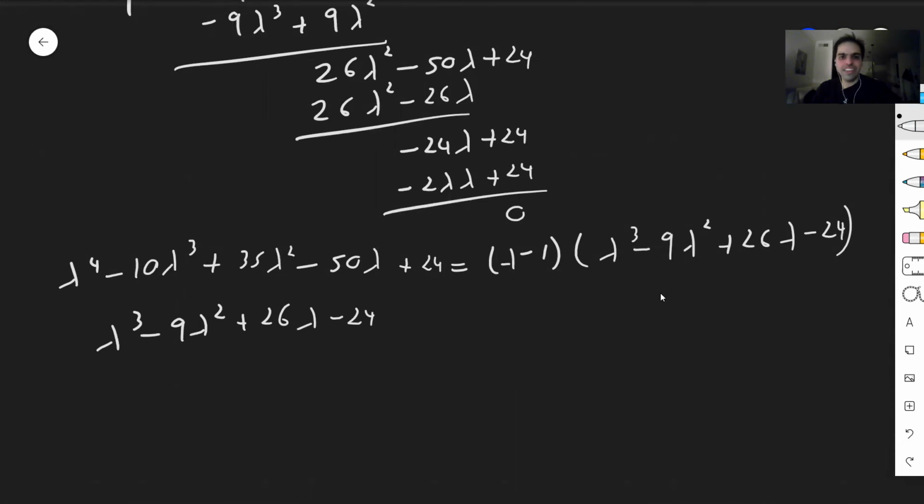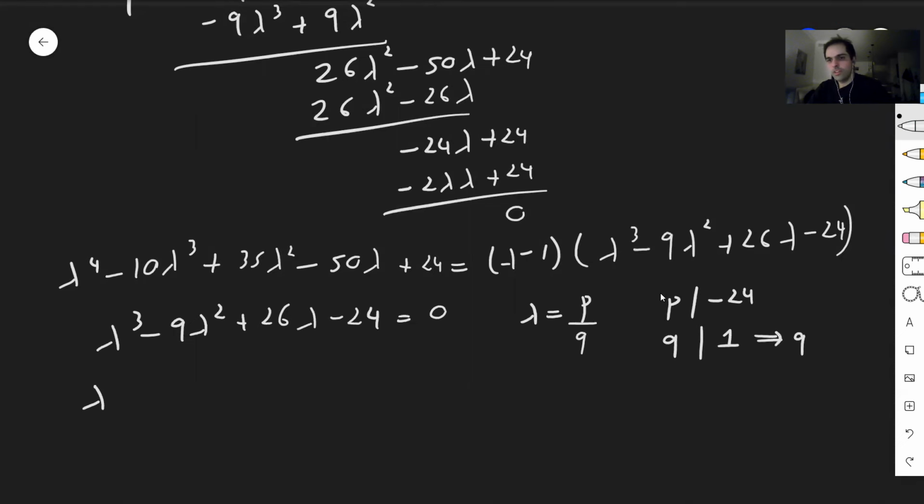Well, this is, again, a polynomial with rational coefficients. So let's apply the rational roots theorem again, which says that if you have a root of the form P over Q, then P divides minus 24, Q divides 1.